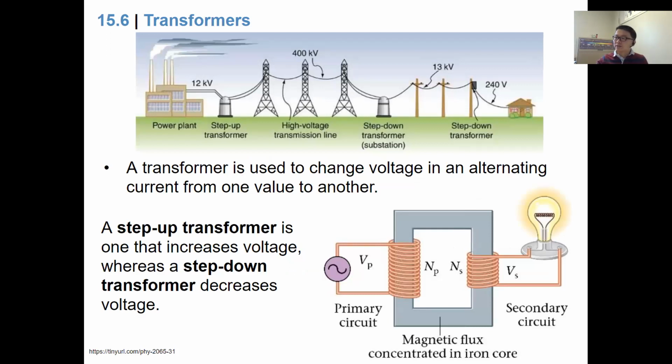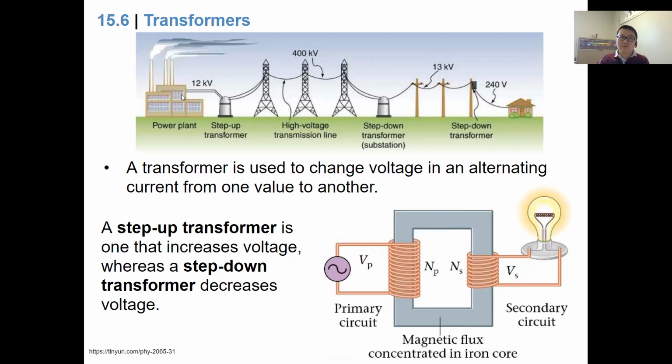The last one here is about transformers. In reality, electric power plants, this is a European configuration, one of them, produce a relatively high voltage, but not as large as the voltage in high power transmission. In high power transmission, you need a high voltage because then the current will be smaller, because the power output of the power plant is fixed.